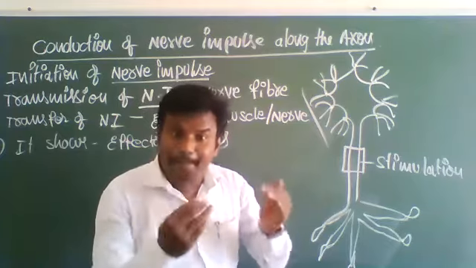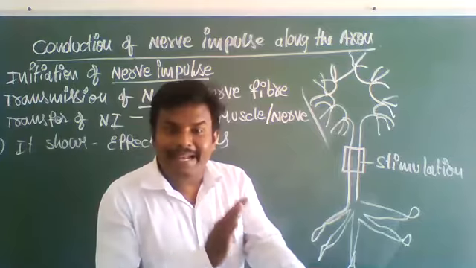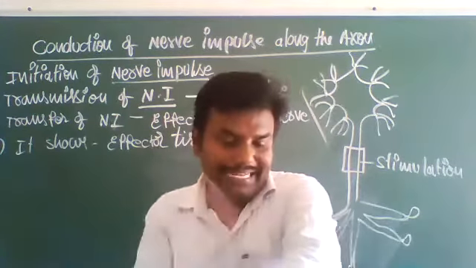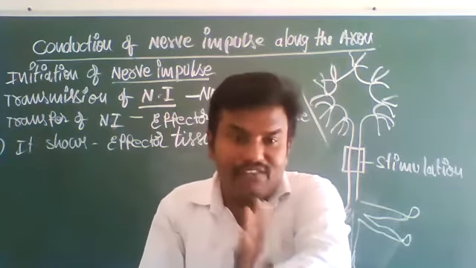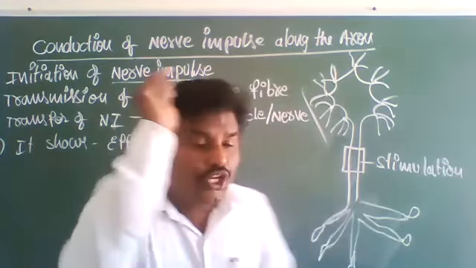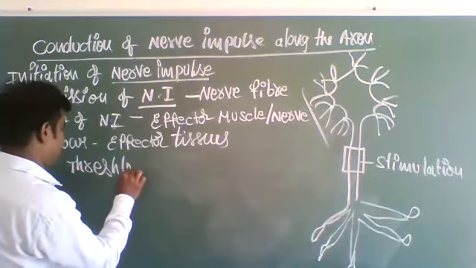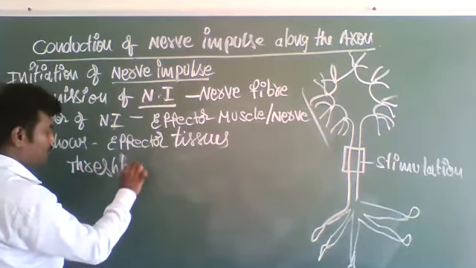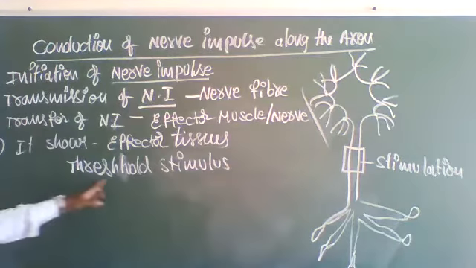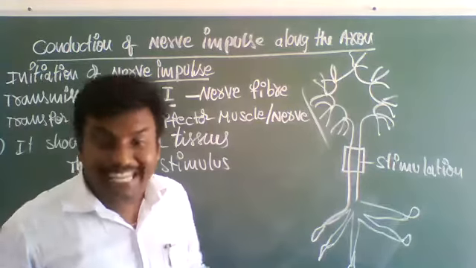Or initiation of nerve impulse occurs when a threshold stimulus is applied to the neuron. Listen carefully. Initiation of nerve impulse. When I touch or bend, at that time what happened? Initiation of nerve impulse occurs when a threshold stimulus is applied to the neuron.